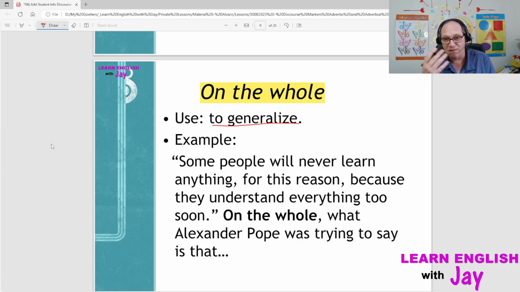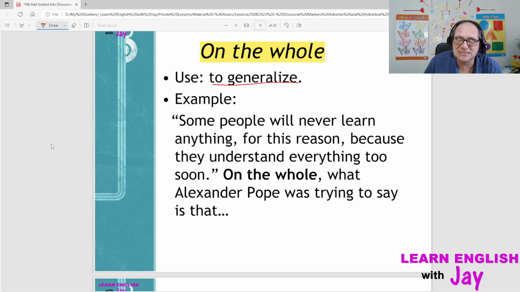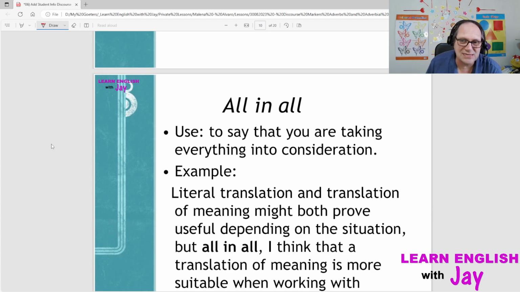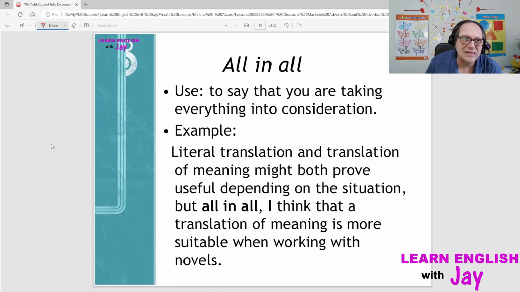So on the whole, we're saying generally speaking, this is what it means. Because a lot of times people might not understand a quote, or they might not understand what you're trying to say. So generalize it. It might make it a little bit more accessible to everybody.